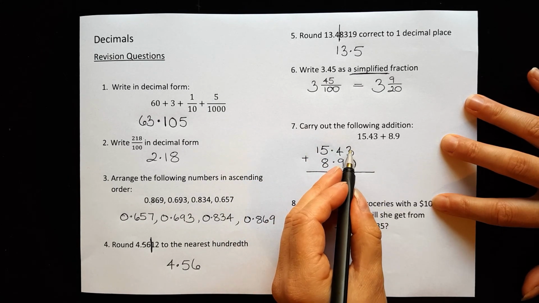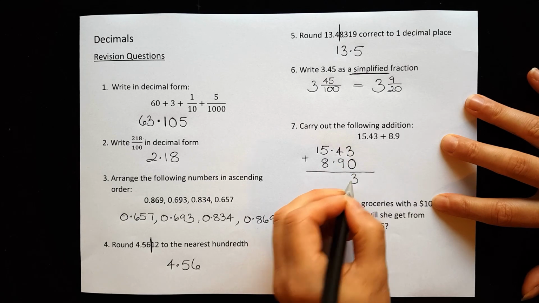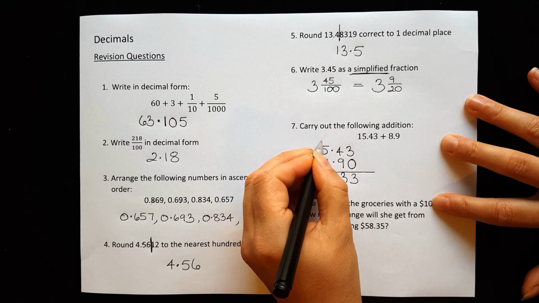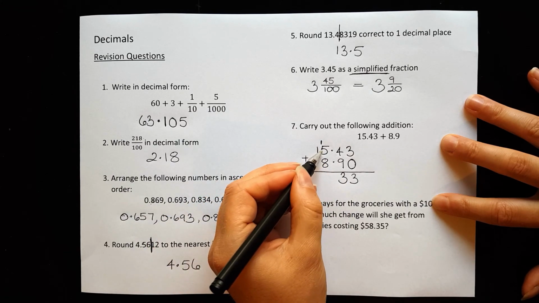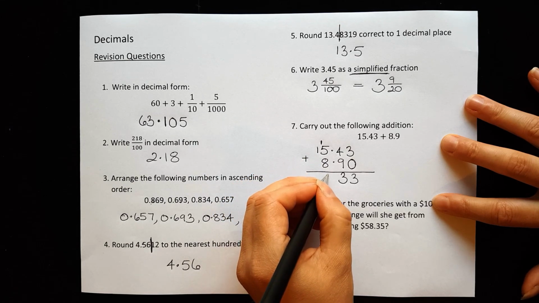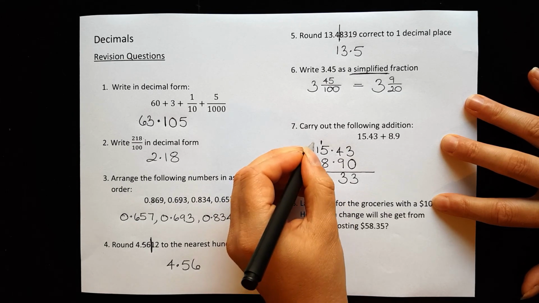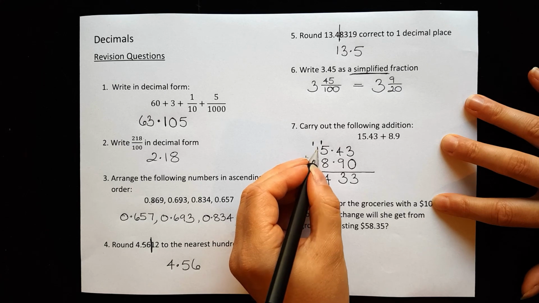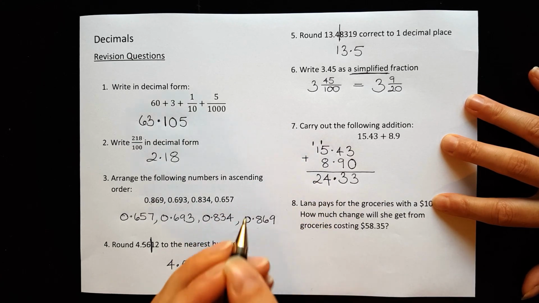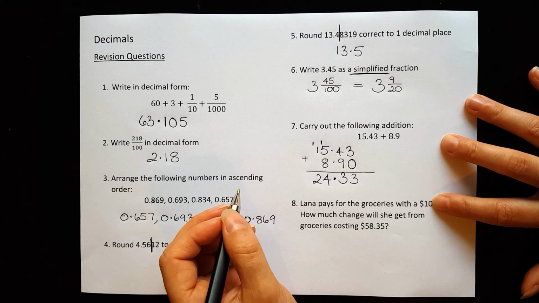So 3 plus 0 is 3, 4 plus 9 is 13. Carry the 1 in the 10 position. 1 plus 5 plus 8 makes 14. And 1 plus 1 makes 2. The decimal point will stay in line to make it 24.33.